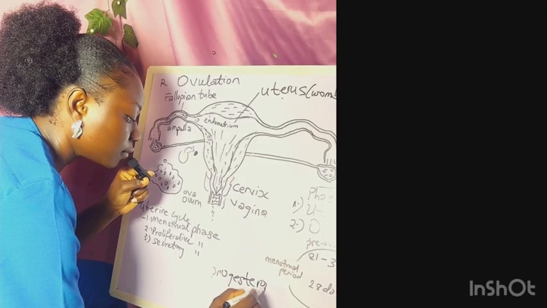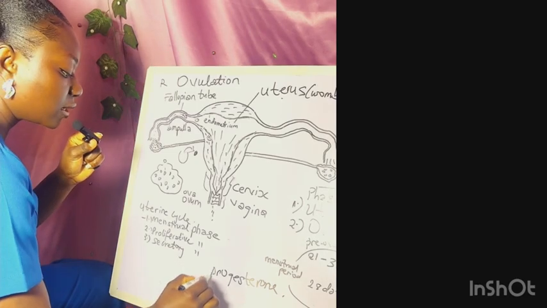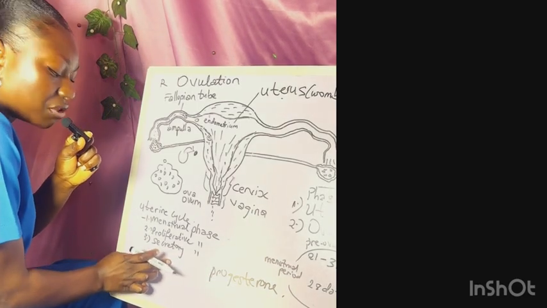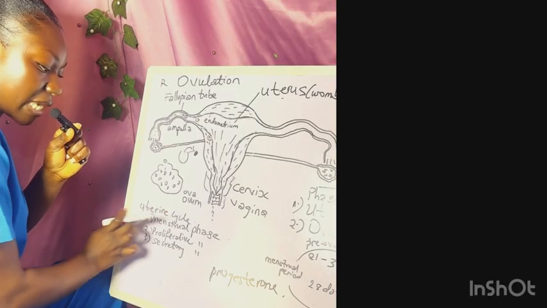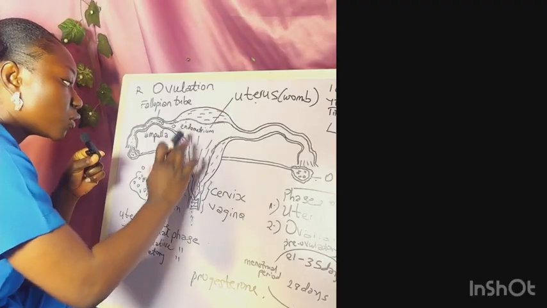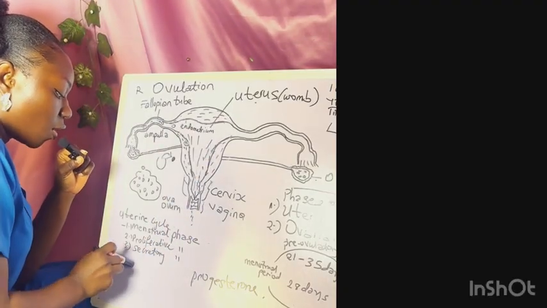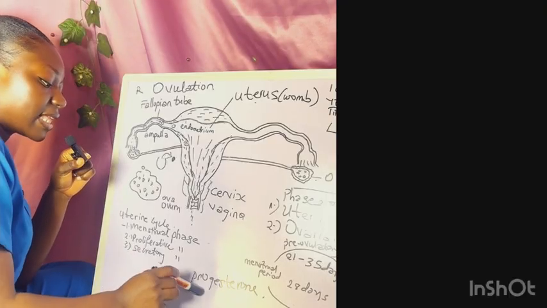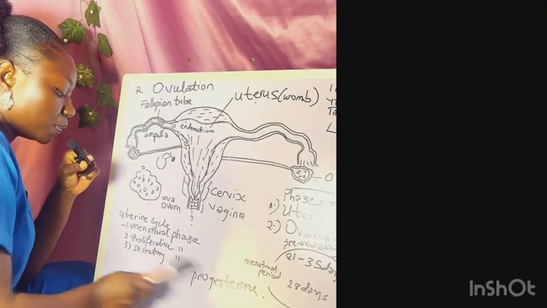Progesterone. So now this progesterone is the major drive for this secretory phase of the uterine cycle. Part of the changes that occur to support the growth of the baby, as I said, occurs in the secretory phase, that is controlled by progesterone.